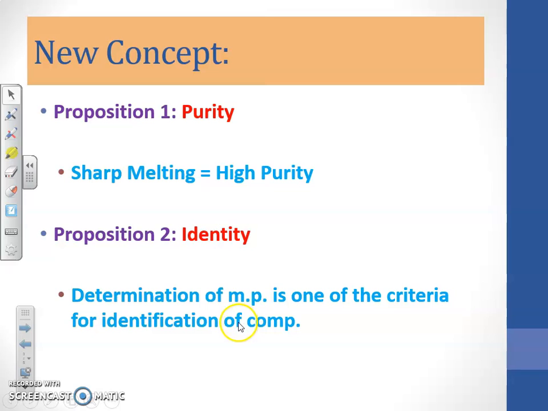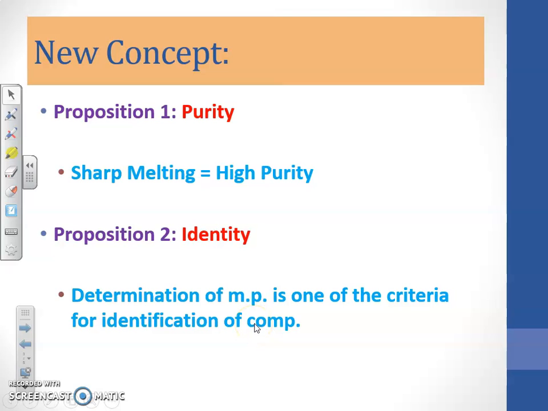So one will determine the melting point, and if it matches the official range given in the pharmacopoeia for that particular substance, like the example of benzoic acid, which shows 122 degrees Celsius, then if it is near 122, the substance will be benzoic acid. If it is far away from the melting point range specified by the pharmacopoeia, then we cannot say that the substance complies with the official pharmacopoeia.